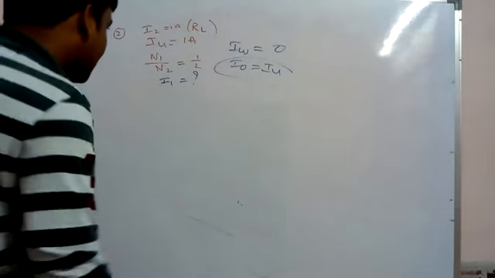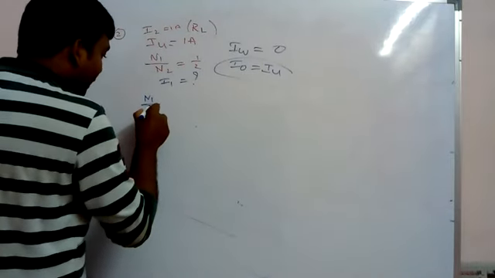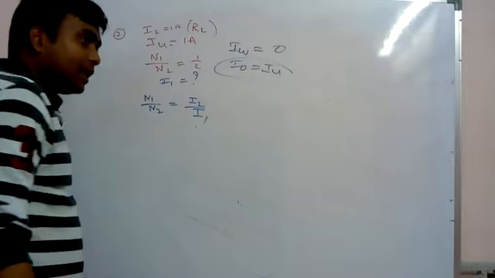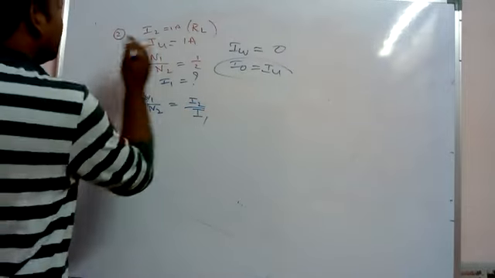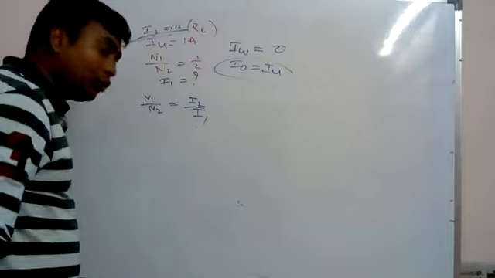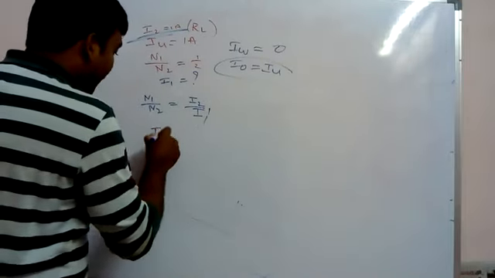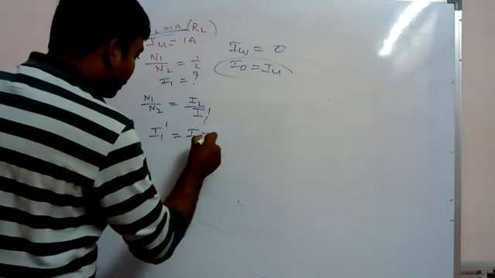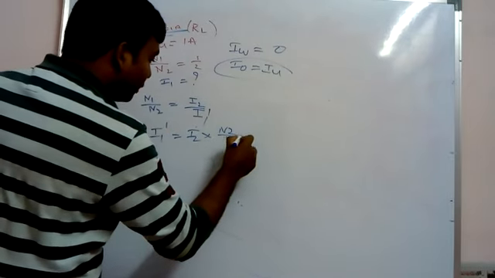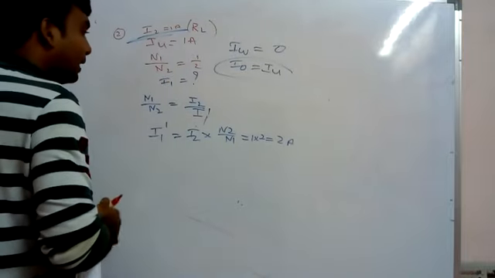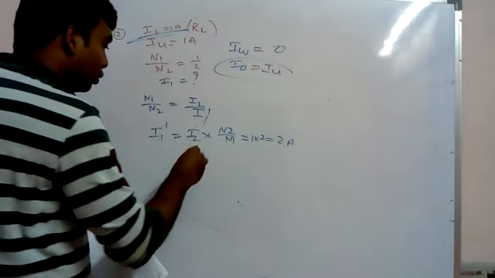You know from the basic equation that N1 by N2 equals I2 by I1. You can say the load current is transferred to the primary side, so it becomes I1 dash. Now I1 dash equals I2 into N2 by N1, which is 1 into 2, so 2 amperes. Now draw the vector diagram of the transformer to get the answer.